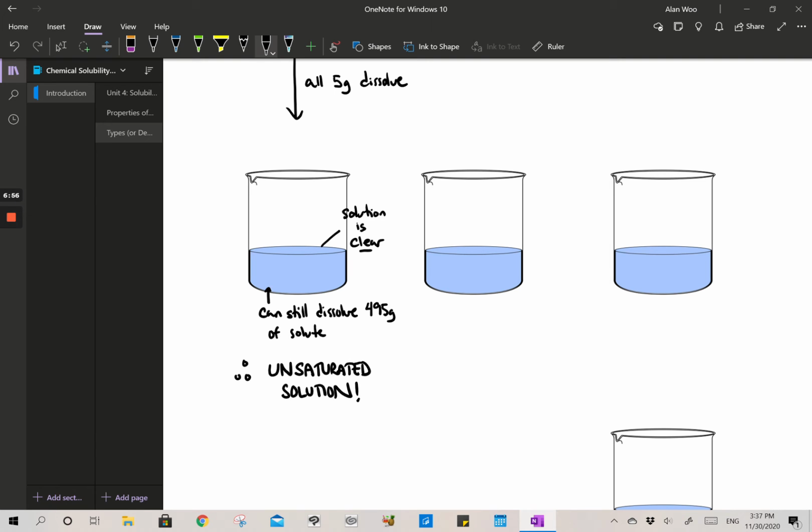If you can still dissolve more solute in this solution, then we have not reached its saturation point, so it means that it's unsaturated.